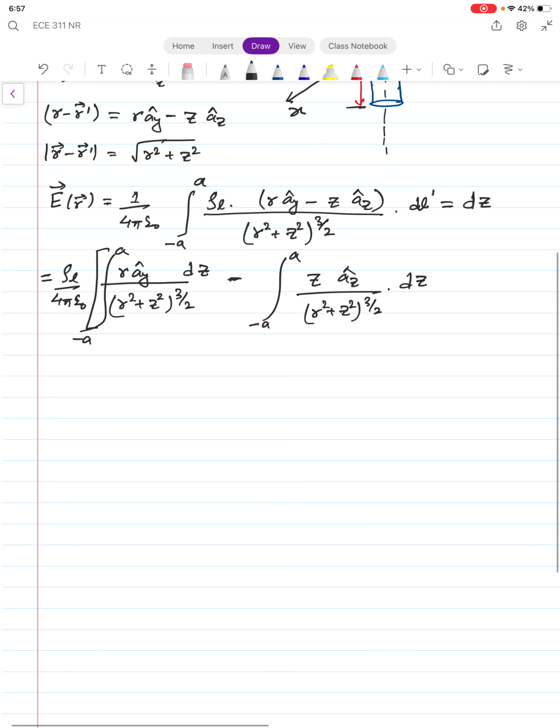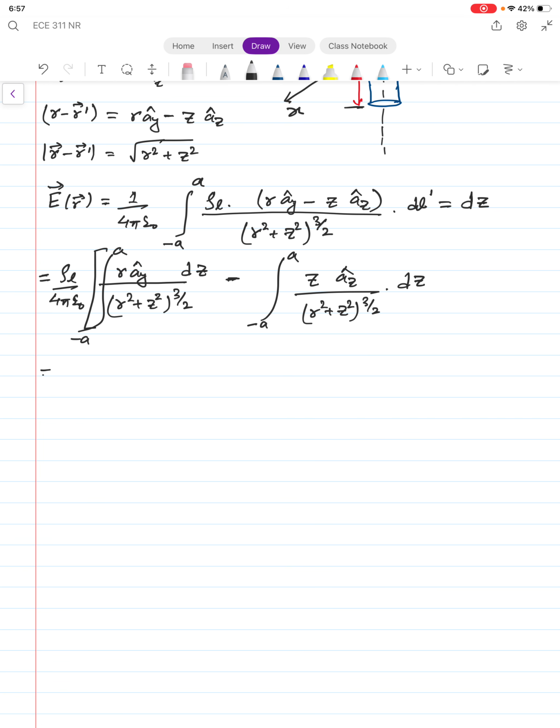Okay, so these are some standard integrals, and the solutions for these standard integrals are given in your equation sheet. Okay, for this first integral, let us check our equation sheet.